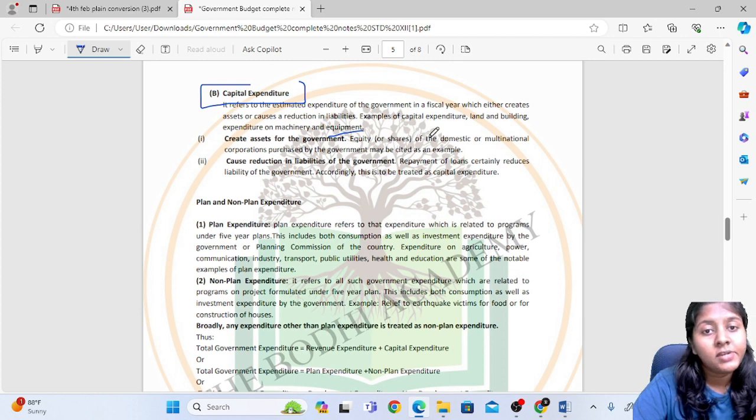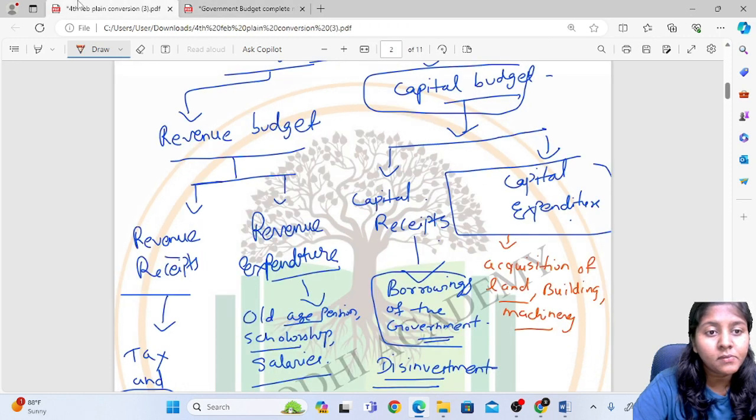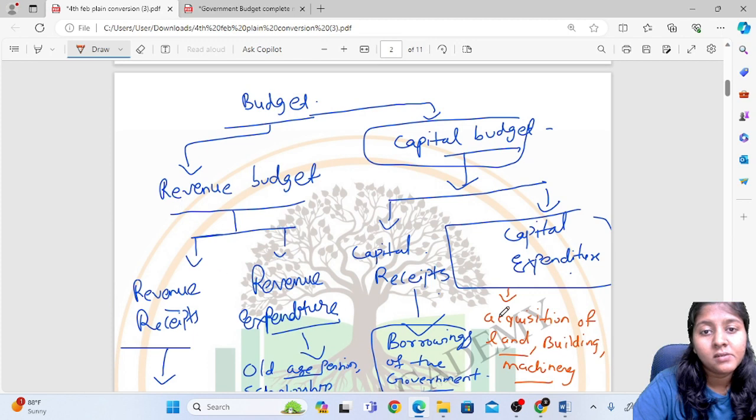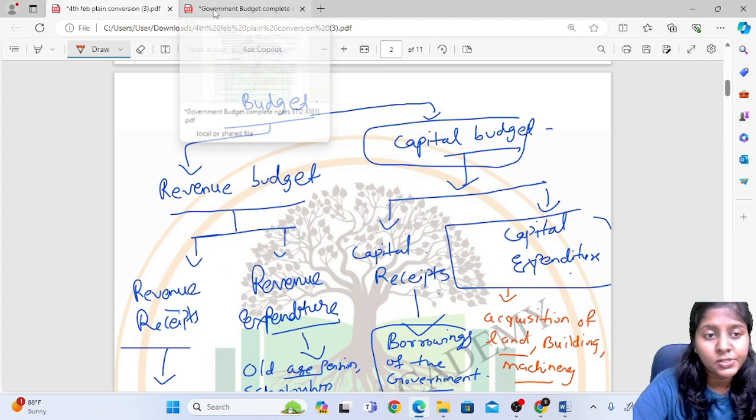Equity or shares of domestic or multinational corporations purchased by the government also create assets. Then it causes reduction in liabilities of the government. So repayment of loans certainly reduces liability of the government. Accordingly, this is to be treated as capital expenditure. Okay. So these are the components of budget, revenue budget and capital budget.